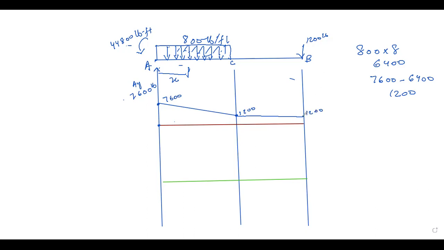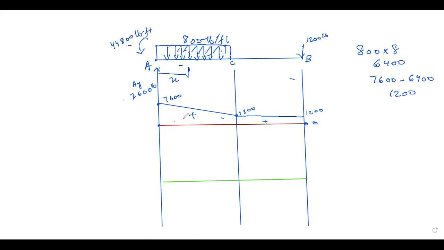With the load of 1200 pound downward, it will be 0. So the shear force diagram is entirely positive and closes at 0. It has a triangular part and a rectangular part in the positive zone, and then just a rectangular part. So this is the shear force diagram.